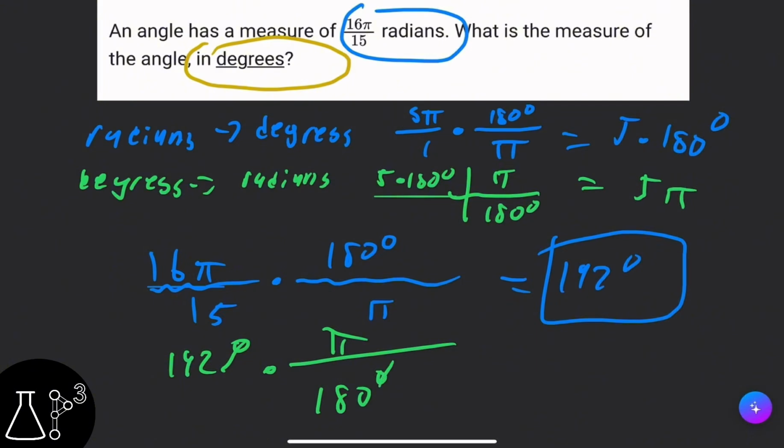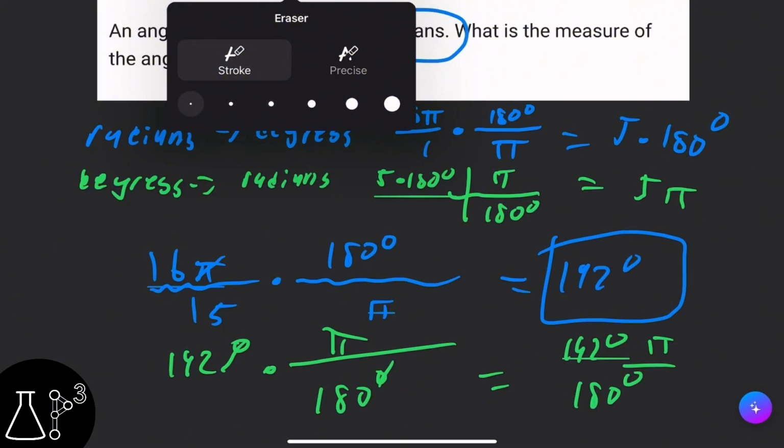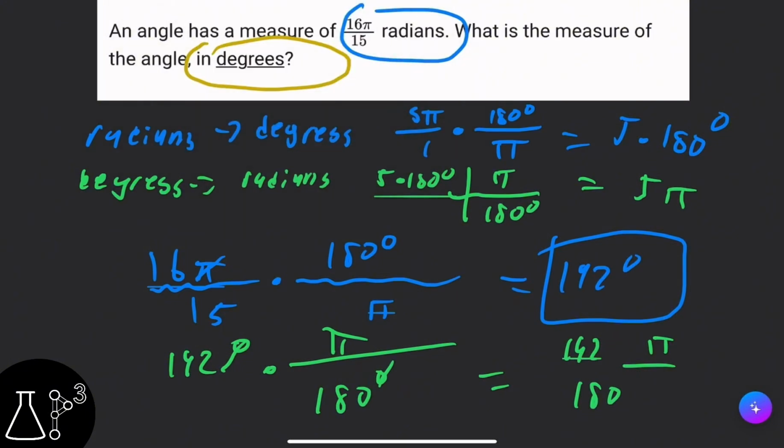We're left with 192 divided by 180 times pi. The degrees cancel out, but the radians or pi stays. And you should be getting 16 pi divided by 15 because it's the equivalent amount. And that is the answer.